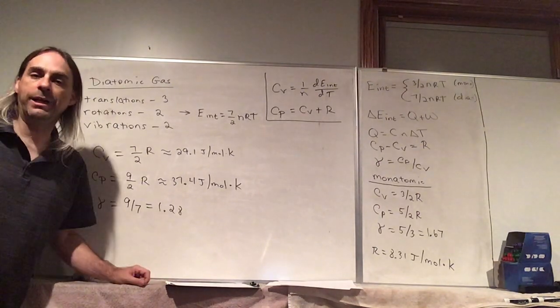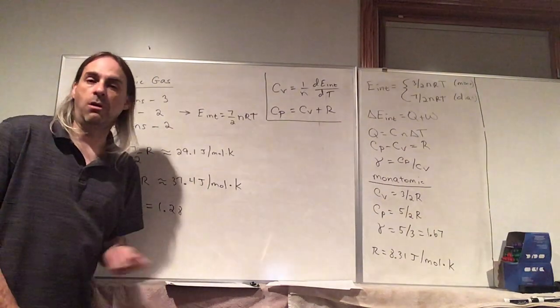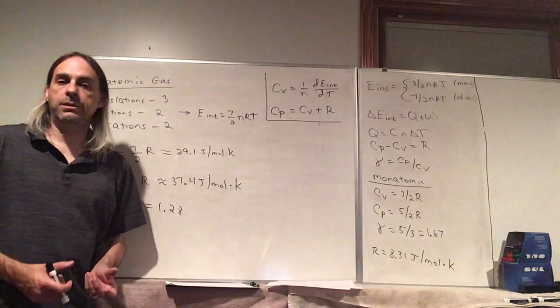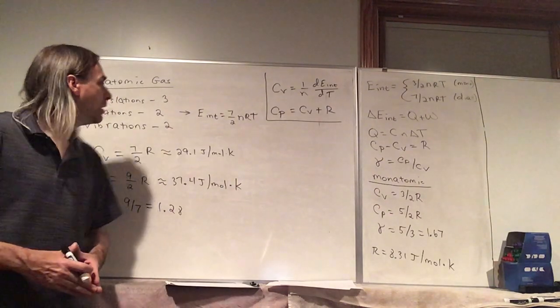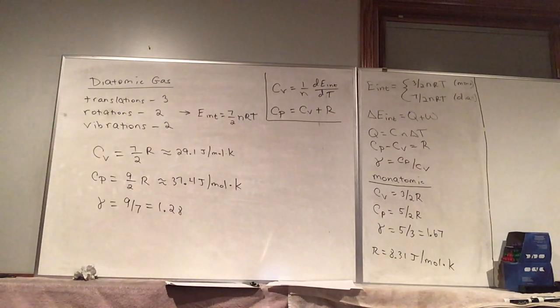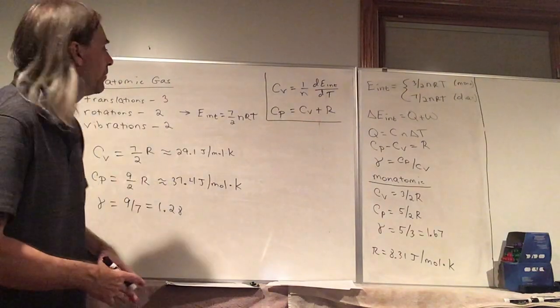So what's actually going on here? And there's a reason these results are off, and that reason is quantum mechanics. We kind of just assumed that this diatomic gas has all of these degrees of freedom, which classically is a very good assumption.